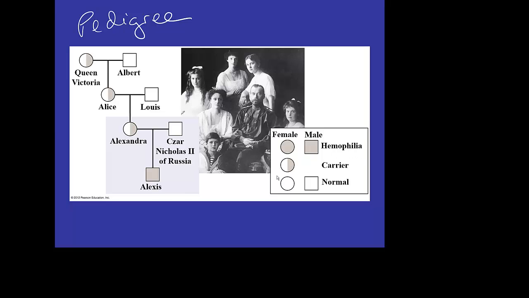The half colors are just carriers. So remember, because X and X in females, you can be a carrier, in this case, 1 with hemophilia and 1 normal, for many generations. And you see here the P generation, the F1, the F2 generations, all were carriers.